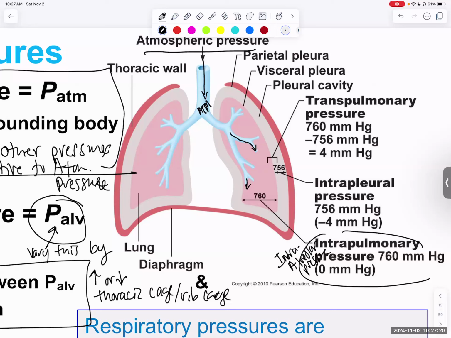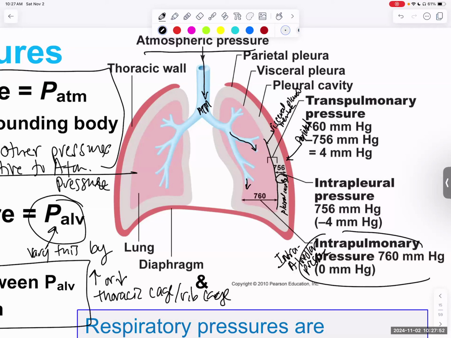Then you're going to have the pressure inside the pleural cavity or space, right? Because this would be the visceral membrane, and then this would be the parietal, and then you have the pleural cavity here.